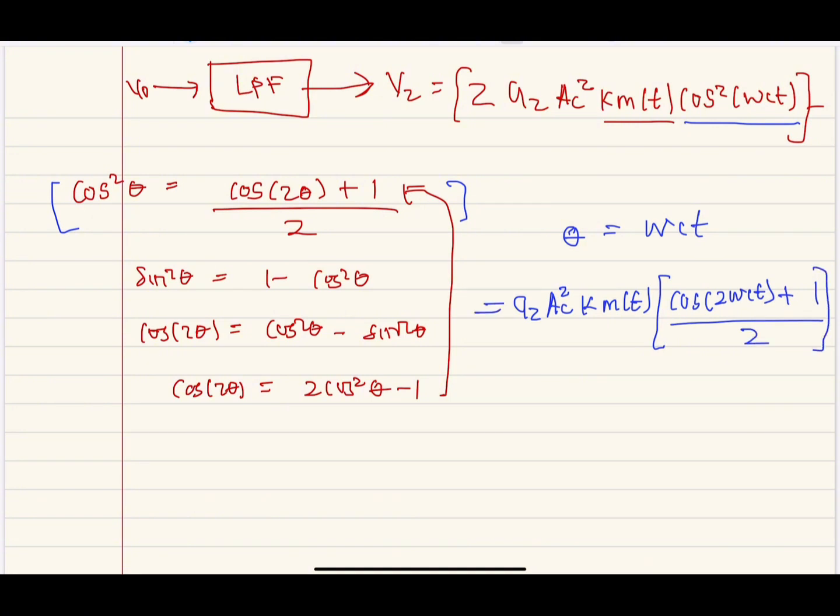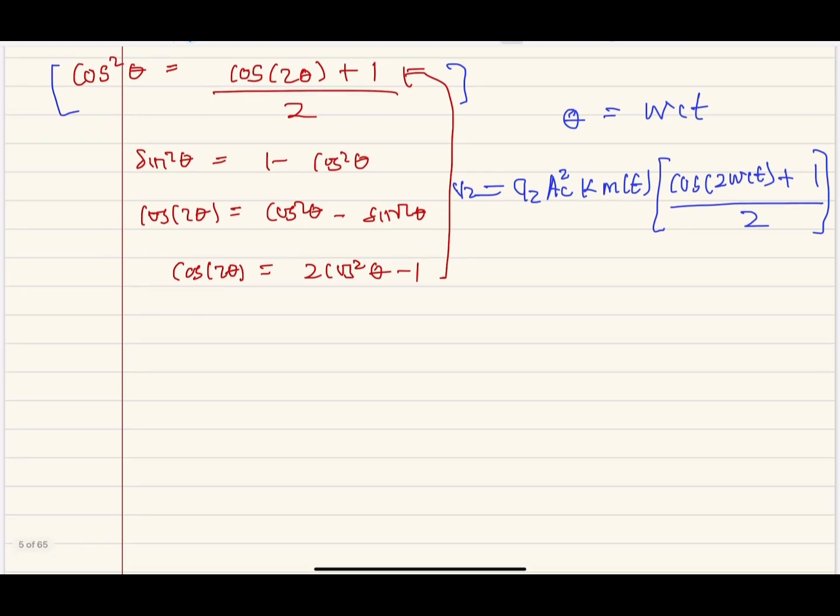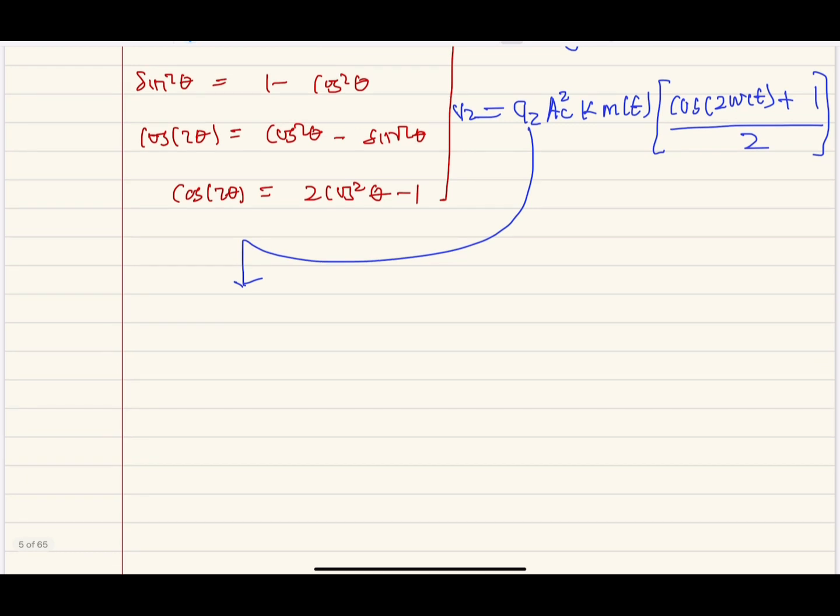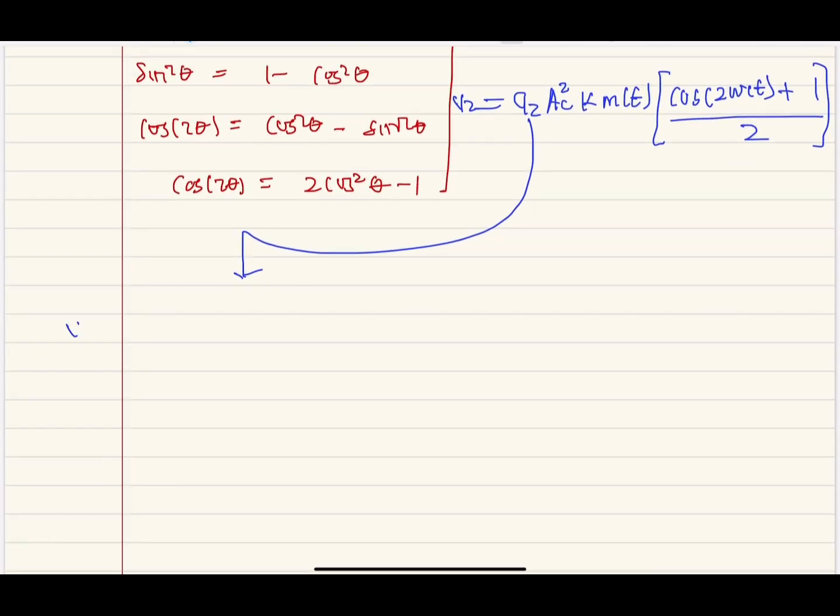This is what we are going to get when we substitute it into this equation. And at the end of the day, let's rewrite them here. In doing simplification, we are going to get V2 equal to A2 AC squared K m of t into bracket, 1 over 2 plus 1 over 2 cos 2 omega ct.